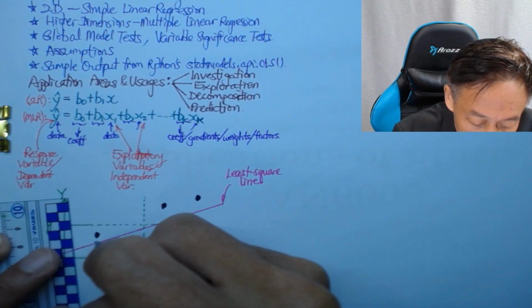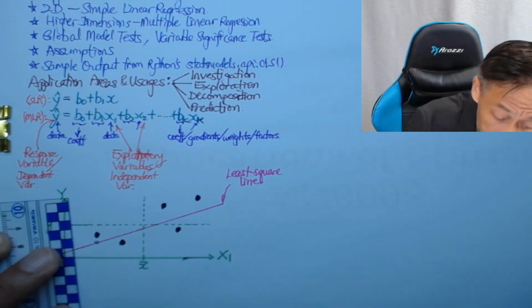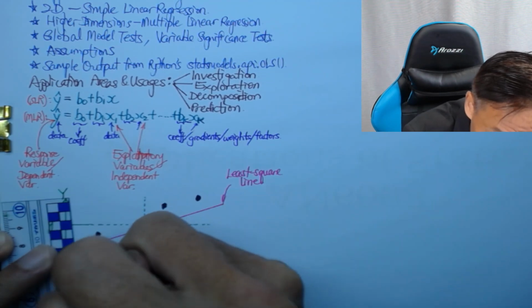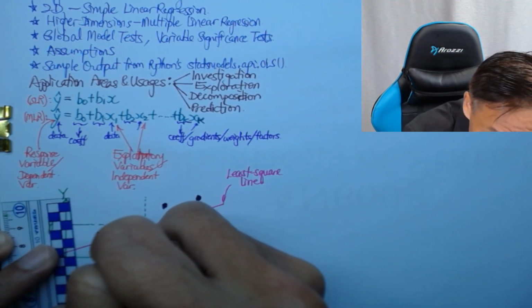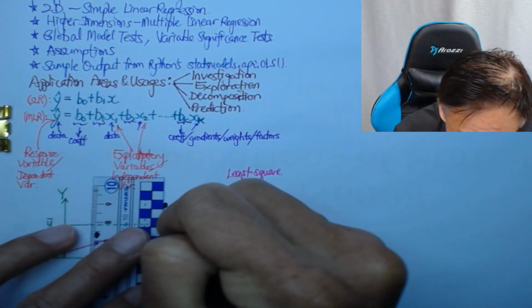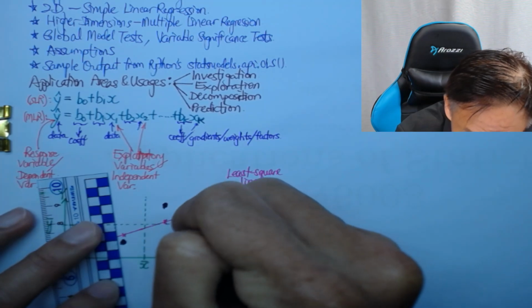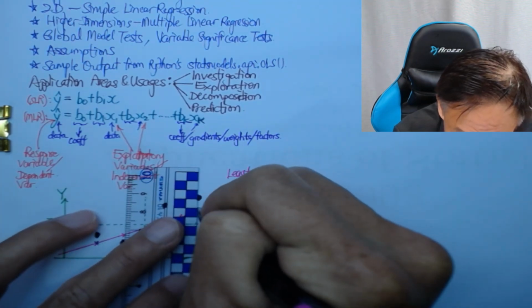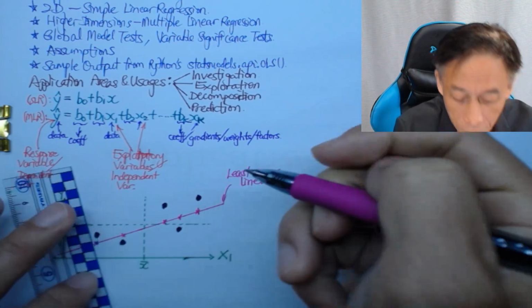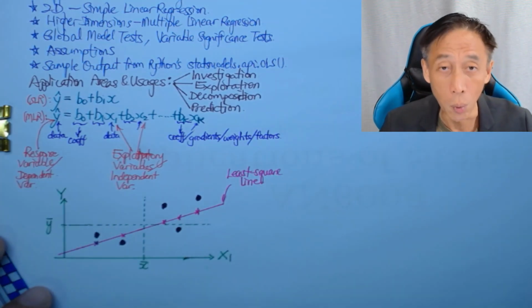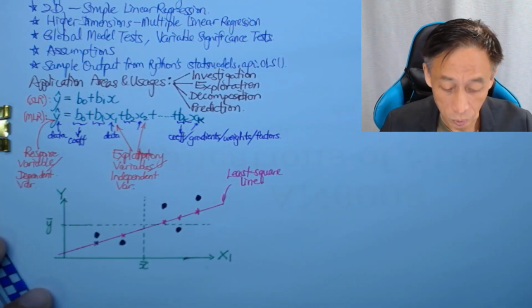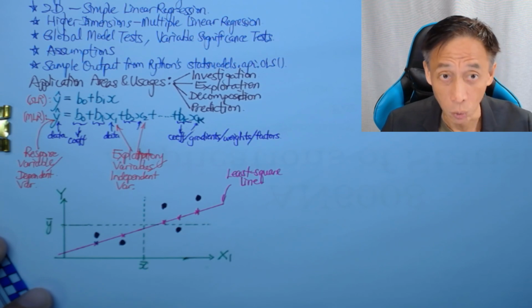So if I put a little cross here, these are what we call the predicted points by the line. In other words, they have the same x value, but different y values. We call them the y hat, the yi hat.